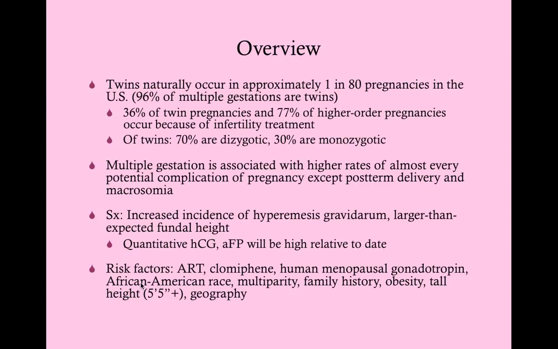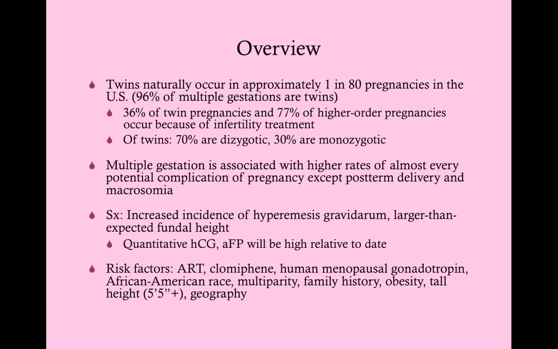For some reason, there's an increased risk of twinning in African Americans. Not sure why that is. Increase in women who have had previous babies. When there is a family history, not so much in the father, but in the father's mother, there may be some link to that, but definitely in the mother.